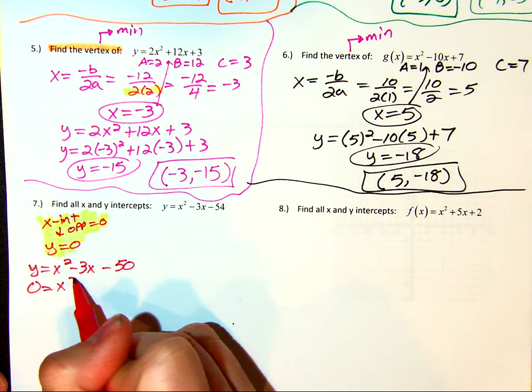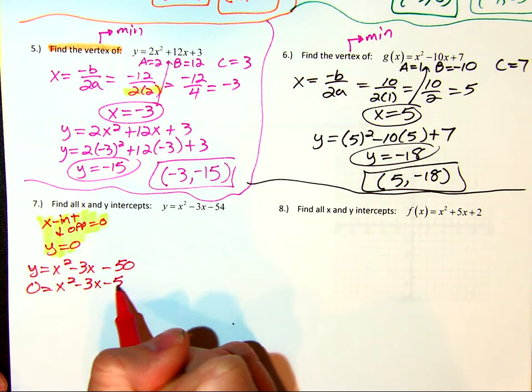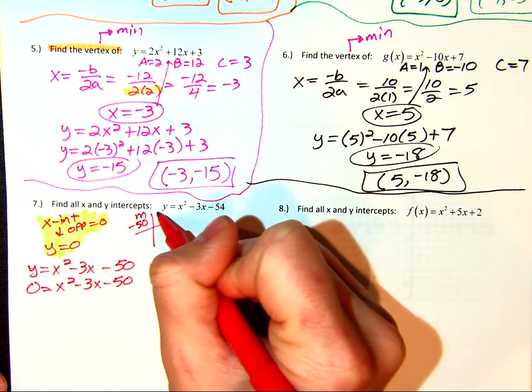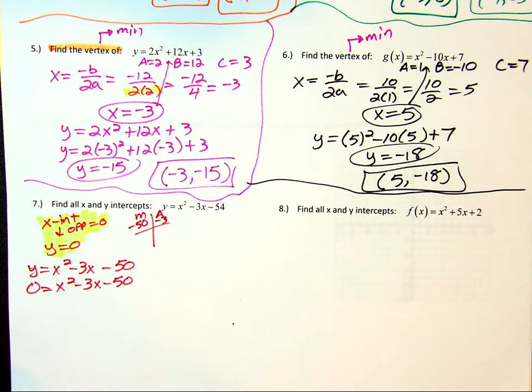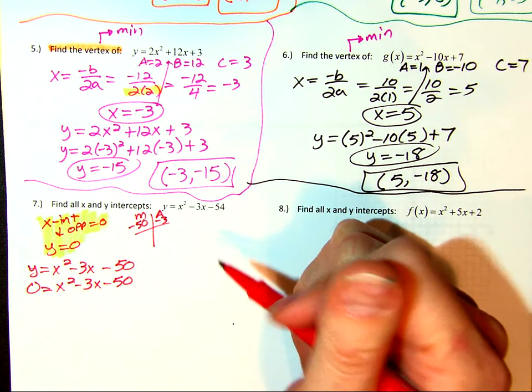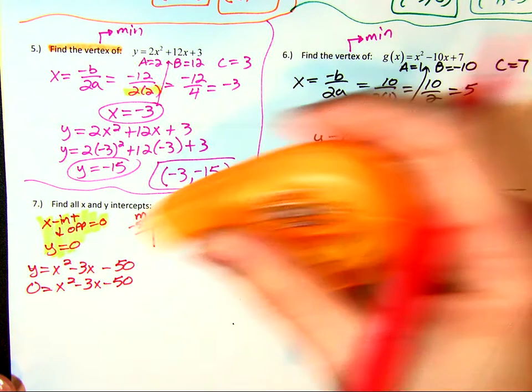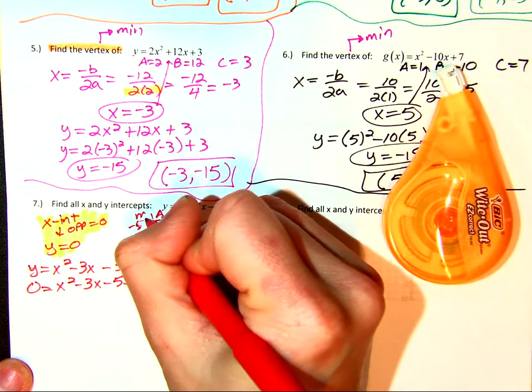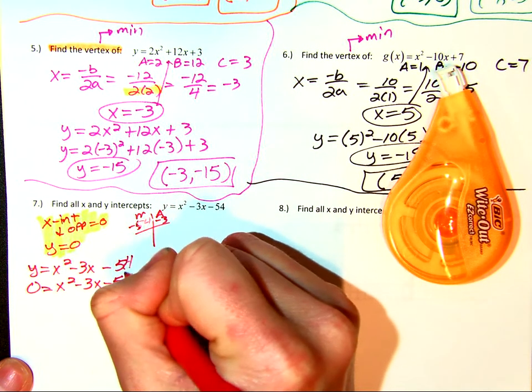So I have to find two numbers that multiply to give us negative 54 and that add to give us negative 3.